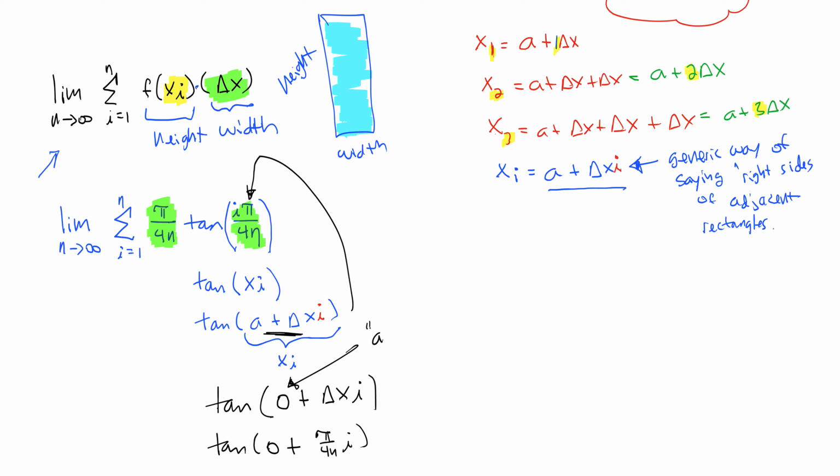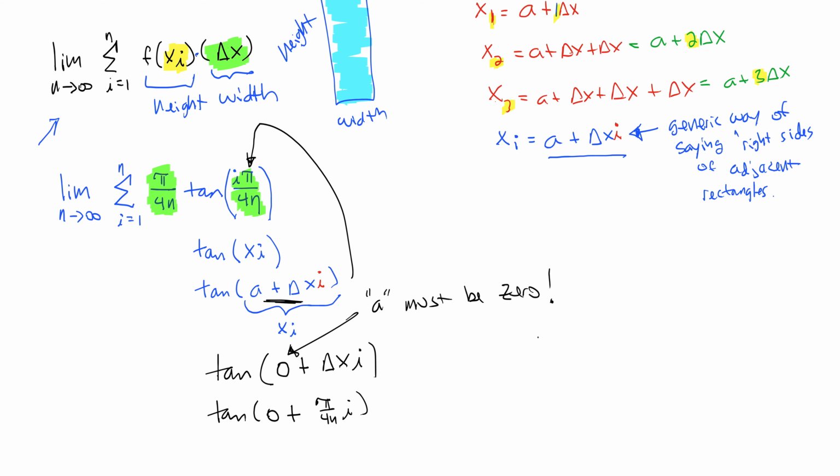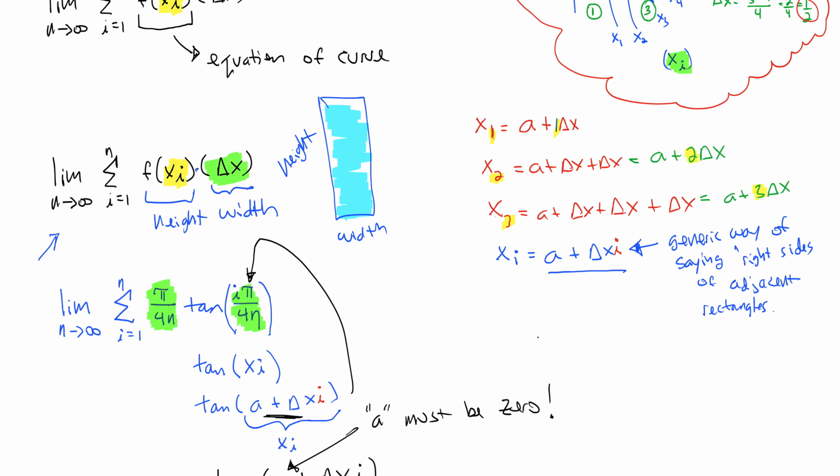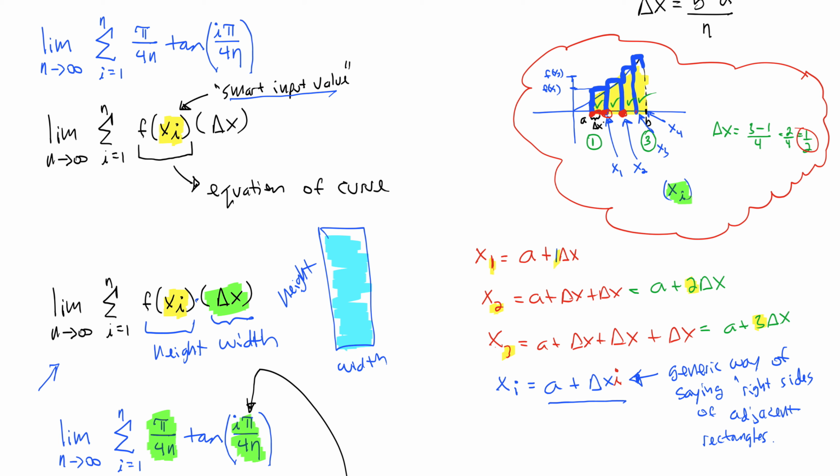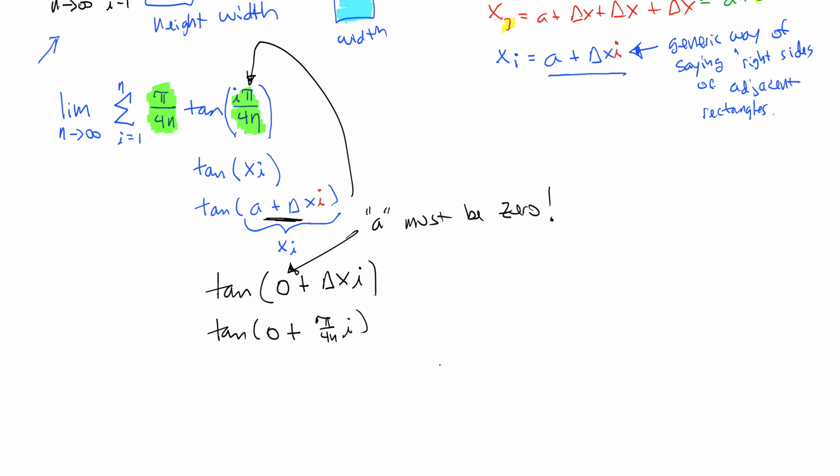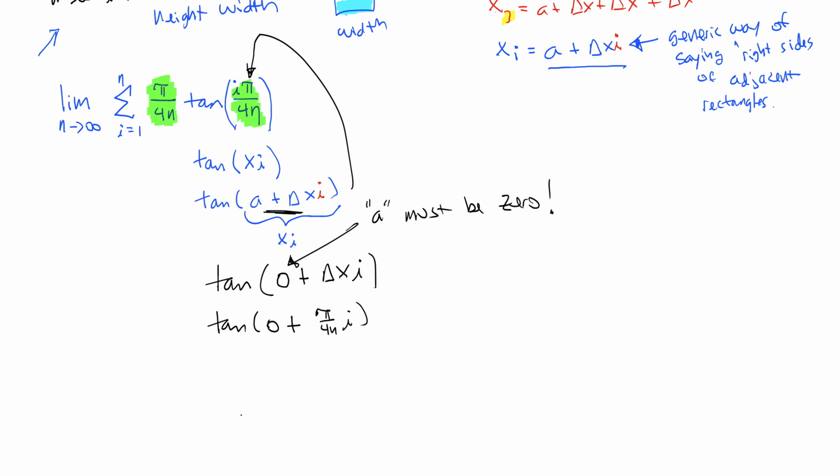A must be 0. Great. So our a value, our lower boundary, or our domain of where we're taking our area, starts from a. We also have our equation. We found an input that works perfectly.